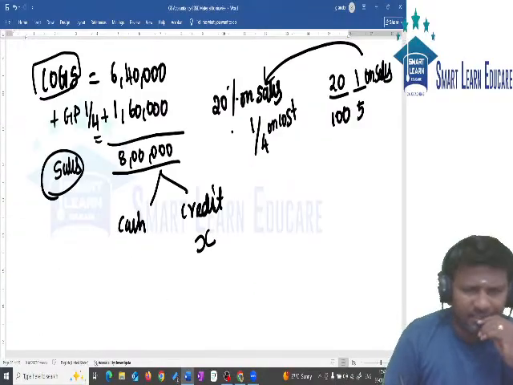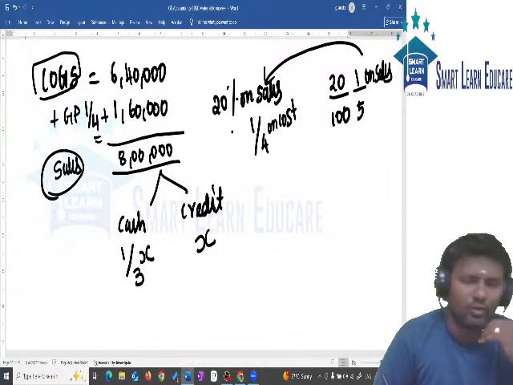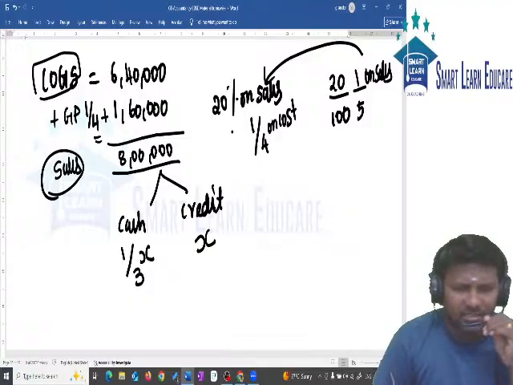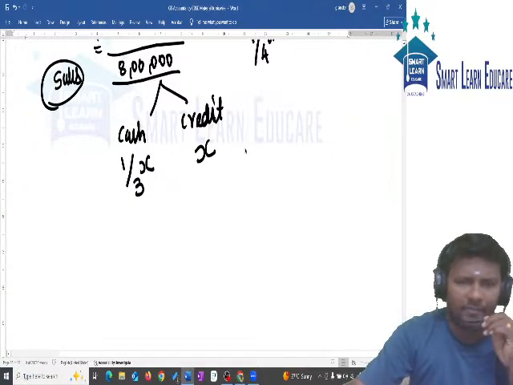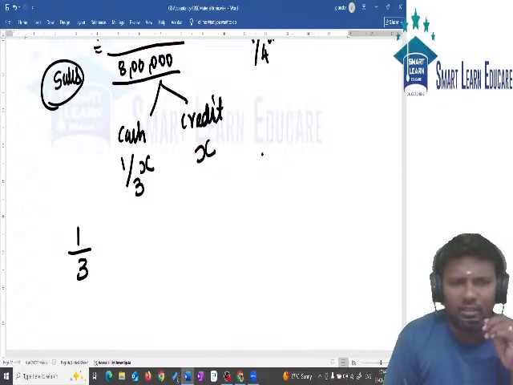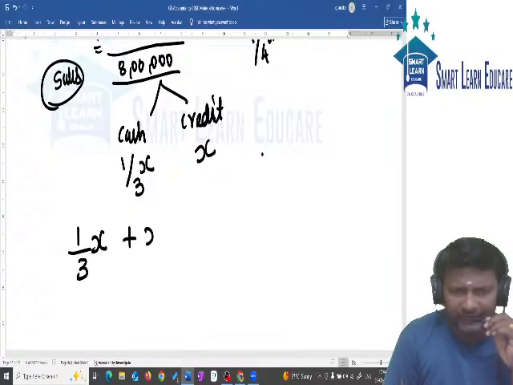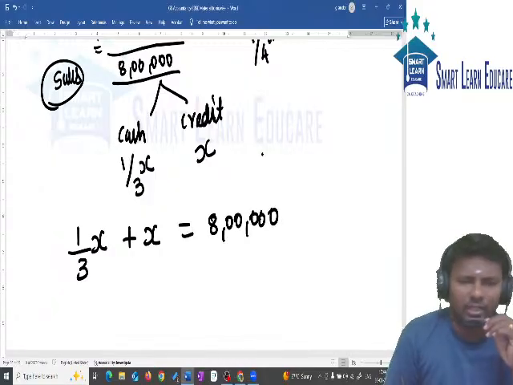Make credit sale as X. Cash sale is 1 by 3 of X. If cash sale is 1 by 3X, credit sale is X. This will give you total sale. From this we can frame an equation: 1 by 3X plus X, cash sale plus credit sale, equals the total sale of 8 lakh. So take LCM.